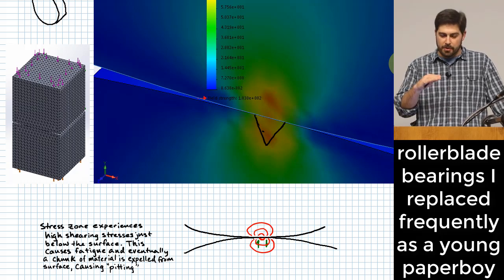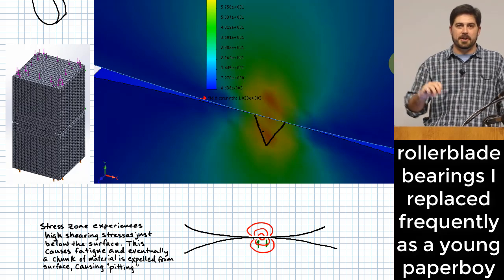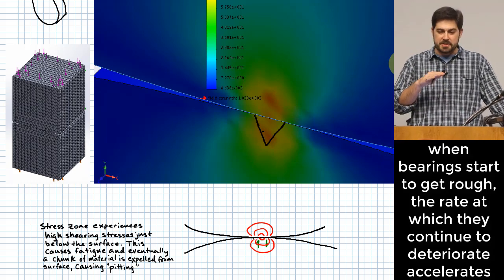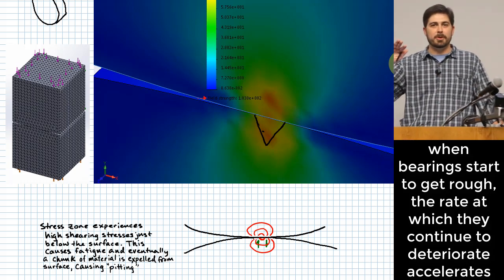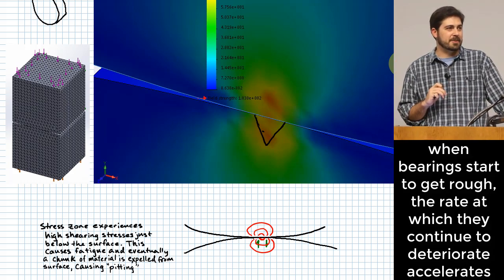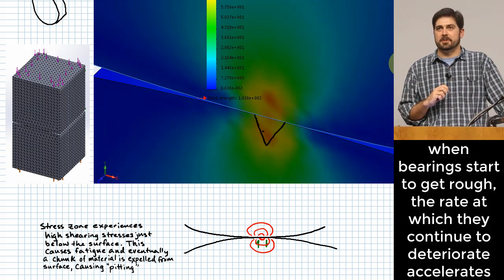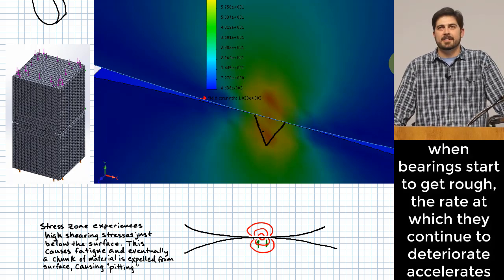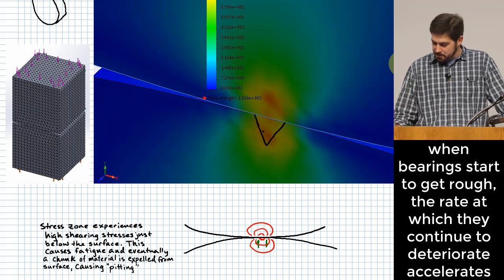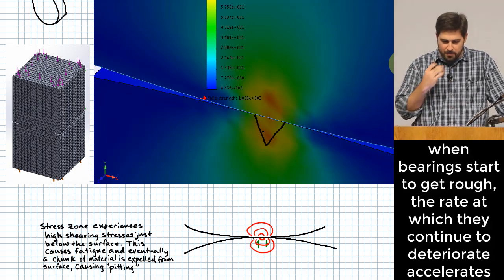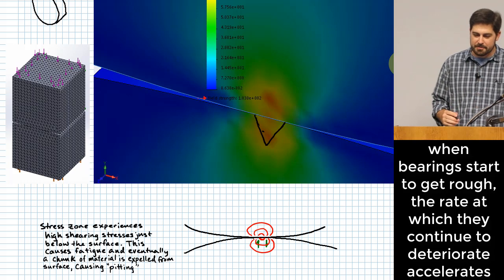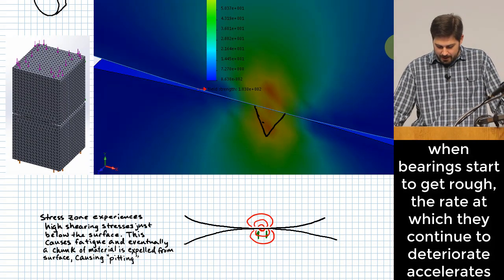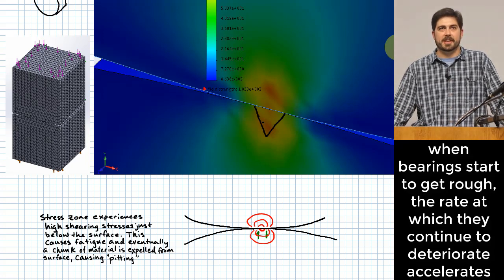And it sort of was an escalating thing. So I became aware of it, but I could still ride on them for a little while, but it got to some point where I knew that there were maybe only 2 or 3 more trips that I could take before I might have disaster, right? I might actually have balls coming out of the bearing or something like that. So anyway, that's my best, you know, firsthand experience that I actually physically felt through my feet throughout my childhood, or at least my, you know, my adolescence.